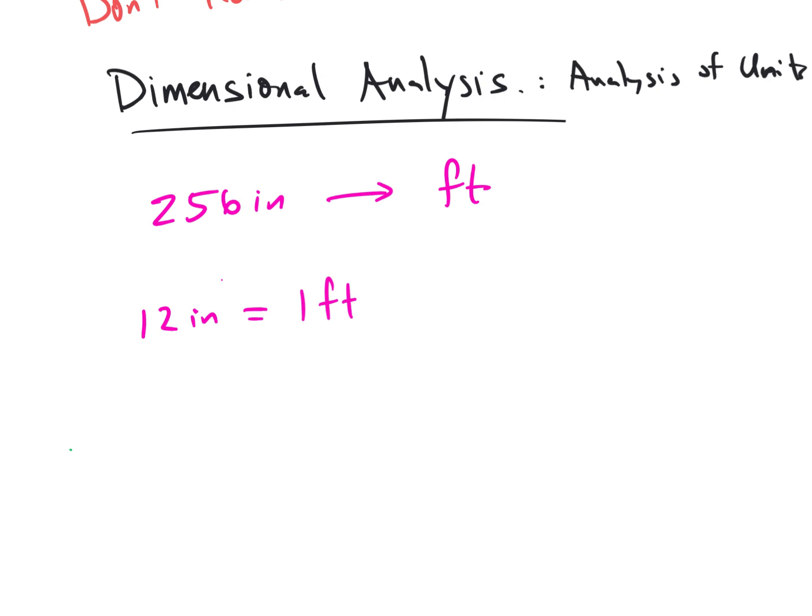Yeah. That's the rule. So let's see. If we divide both sides by 12 inches, what's 12 inches divided by 12 inches? Be careful. It's not nothing. It's 1. Anything divided by itself, it's 1, is equal to 1 foot over 12 inches.